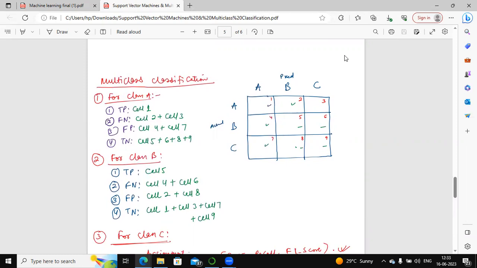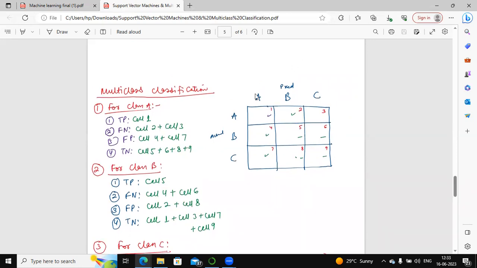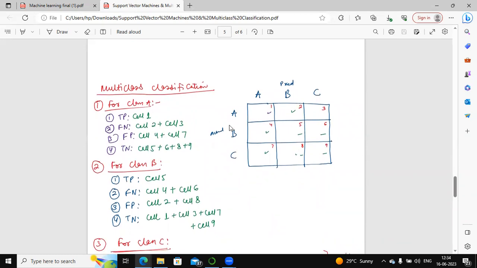But okay, let's wait. Actually, I have to cover the coding part for support vector machine as well. So in the next session, I will cover that, the building of the support vector machine model, and I think that will be the last class of machine learning. After that, I will take a class on case studies for machine learning.